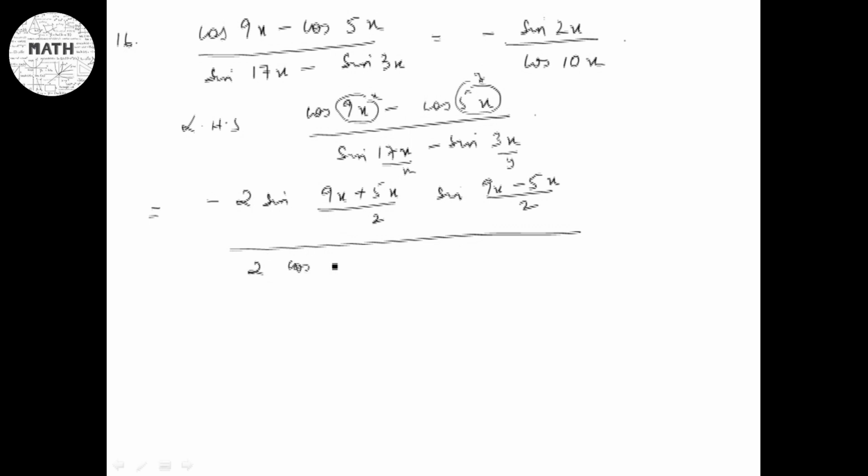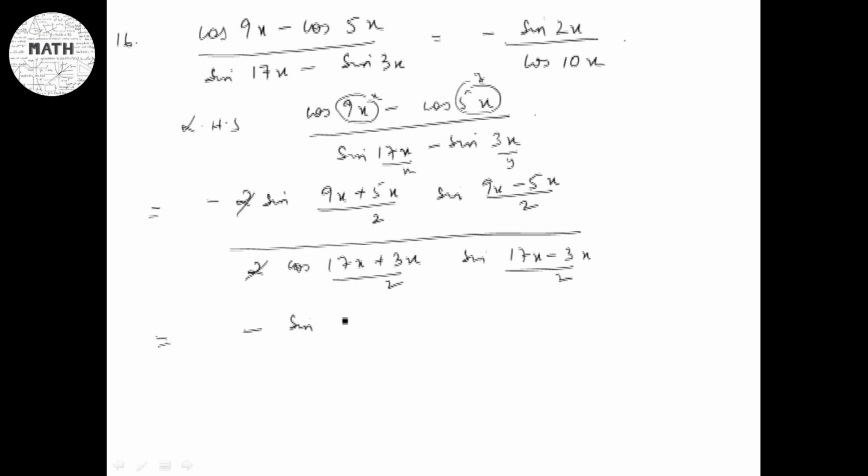2 cos (x+y)/2 sin (x−y)/2. So I can cancel your 2 along with this 2, so I'll get how much?